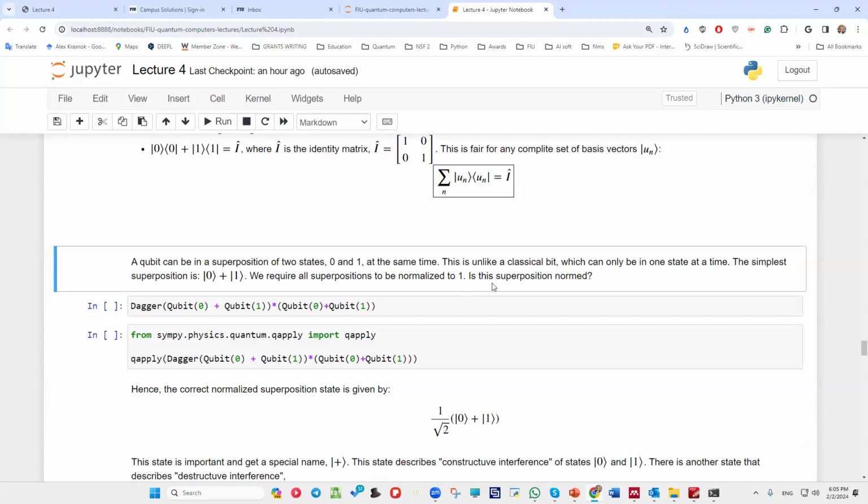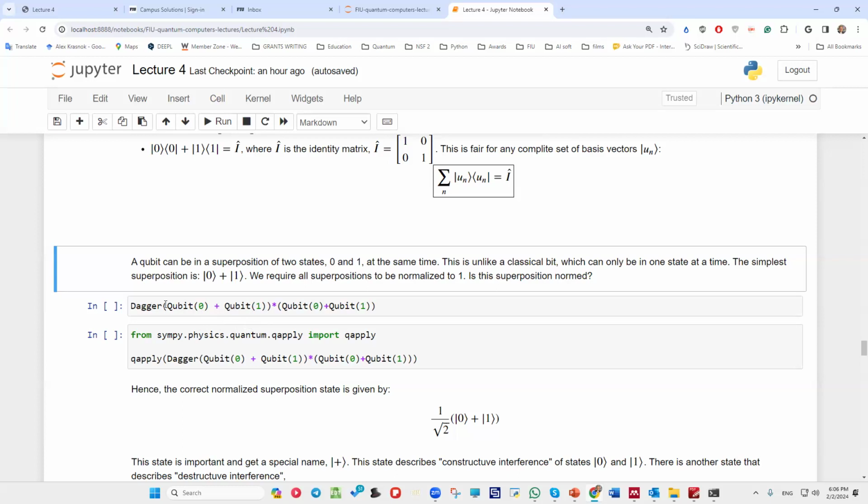Let us check that this superposition here is normalized to 1. So how do we do that? Basically we calculate the magnitude of this complex number, and then we need to divide each vector by the square root of this magnitude.